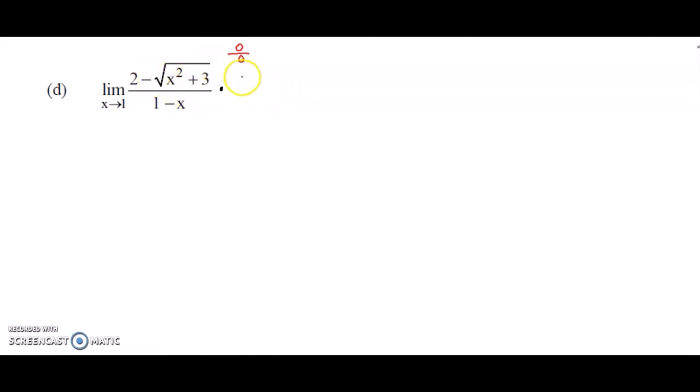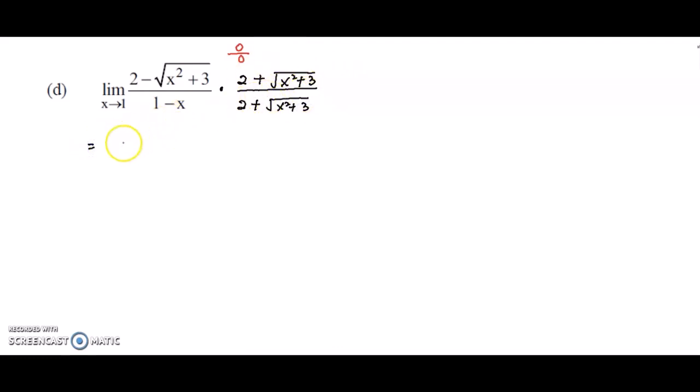For this case, we are going to multiply by the conjugate. 2 minus square root of x squared plus 3. The conjugate will be 2 plus square root of x squared plus 3. Then we have to divide by the same thing, so that this is equivalent to 1. See or not? This is equivalent to 1.